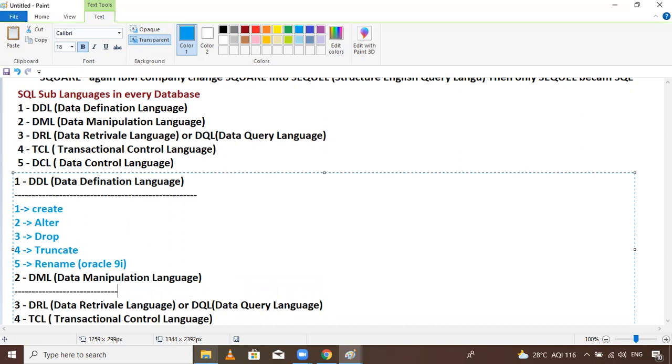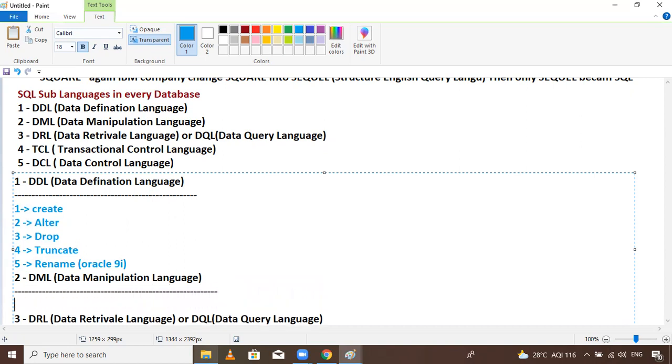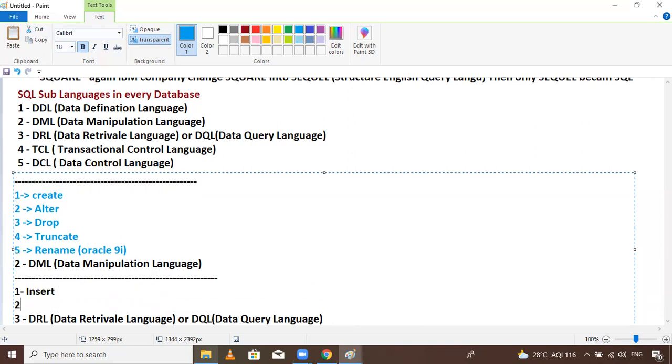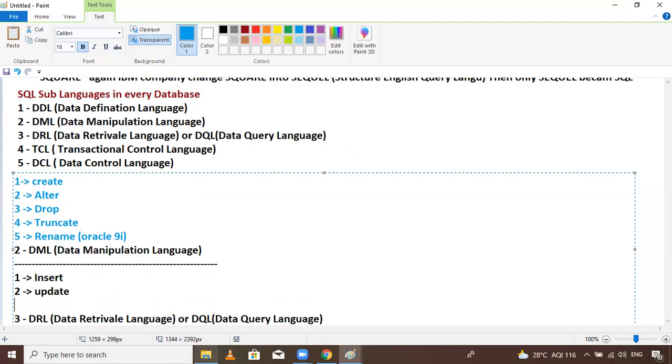Second is DML. DML has four queries. What are the four queries? First query is insert. Second is update. Third is delete.